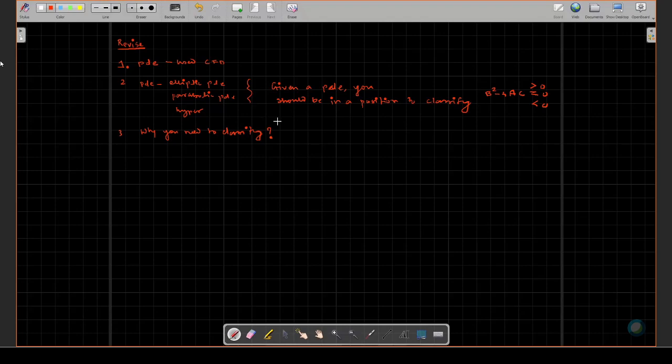You should be in a position to tell if the PDE is elliptic, for example, what its characteristics and requirements are. If the PDE is parabolic, what are its requirements? And if the PDE is hyperbolic, what are its requirements? That we have seen. Classifying them into different types gives you different types of behaviors.